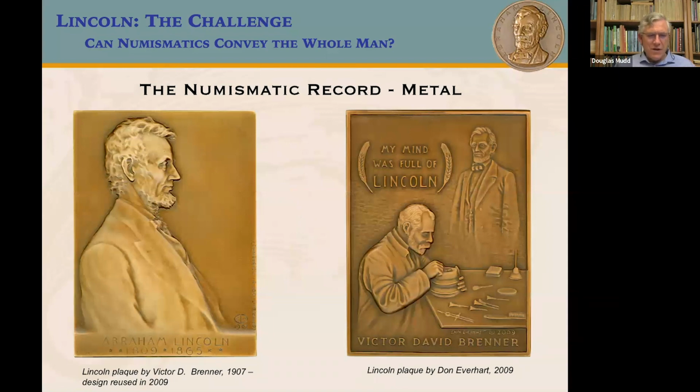Here are the famous plaques that were done by, on the left, Victor David Brenner's plaque, which has the famous image of Lincoln that was eventually adopted soon afterwards for the Lincoln Cent. The head itself is very powerful, very solemn.